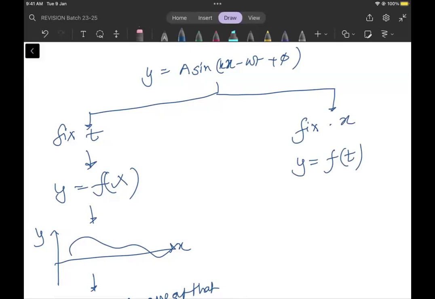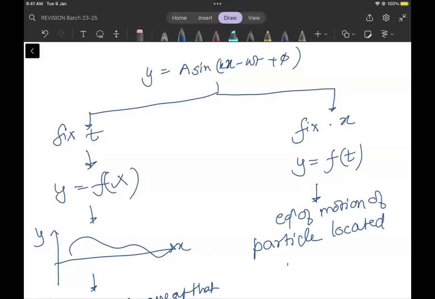क्या होगा? हाँ, y equal to f of t मेरे को मिल जाएगा. और ये क्या चीज है? What is this? So this, it turns out, is the equation of motion of the particle which is located at that x.